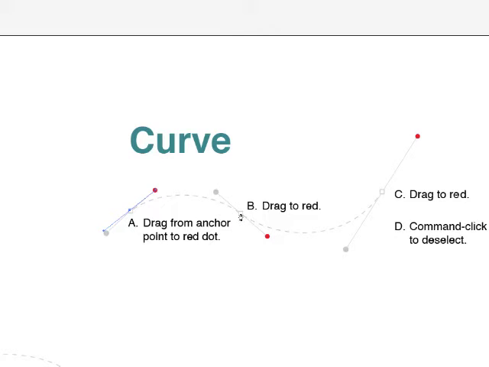Next, we go to the next area where we want to set the anchor point and click and drag to create and manipulate the curved line segment between the anchor points. Going to the next area, I click and drag and modify the handle, move the handle to create the two curved sections that make up this curved line. Command click to deselect.